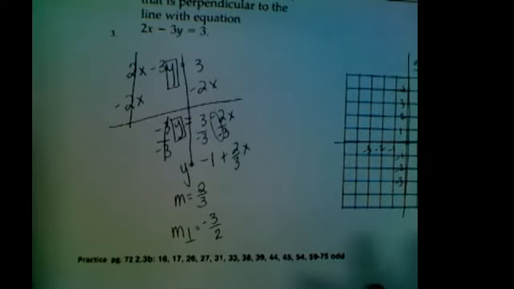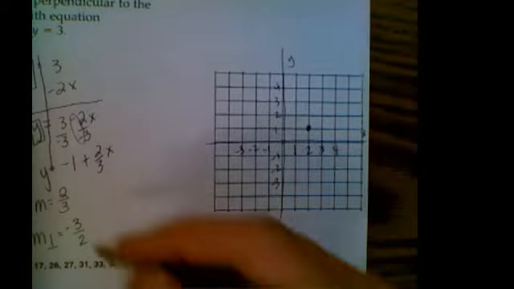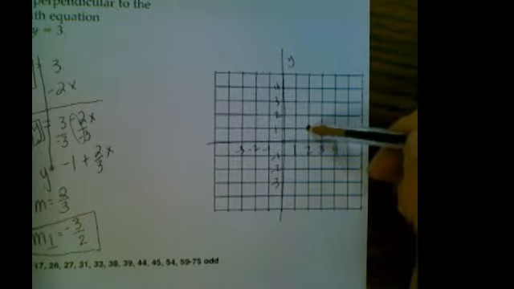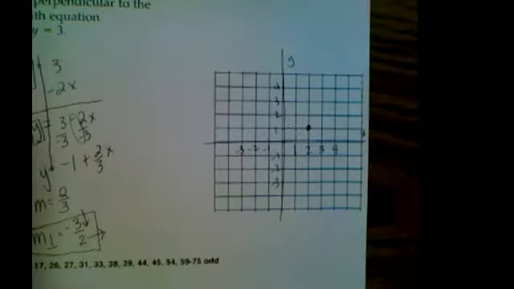Okay, so now to graph, I'm going to use the slope that I just got, that negative 3/2. And from this point, I'm going to use that slope. So the negative 3 tells me that I'm going down, and the positive 2 tells me I'm going right.